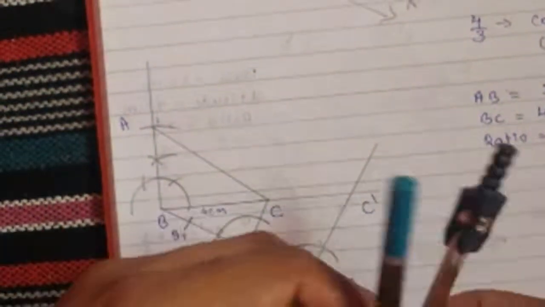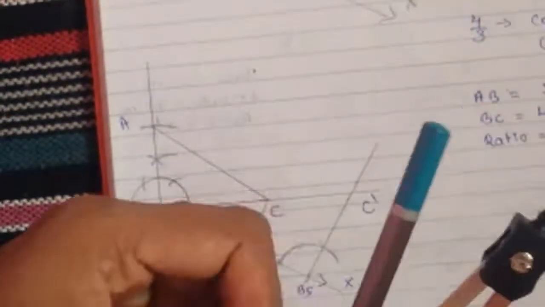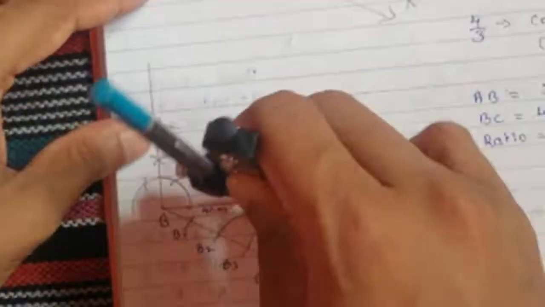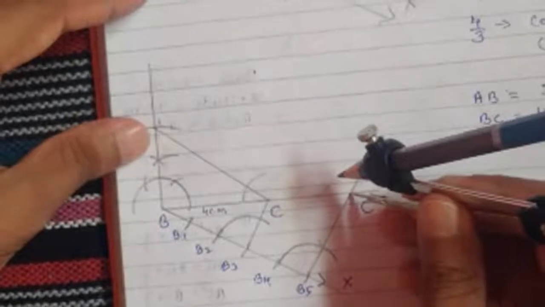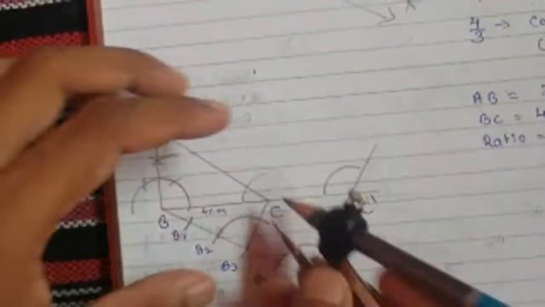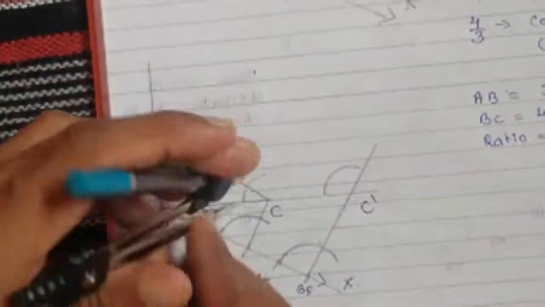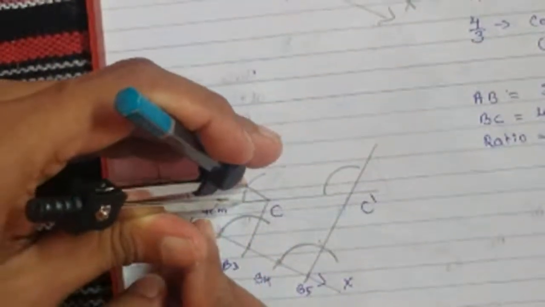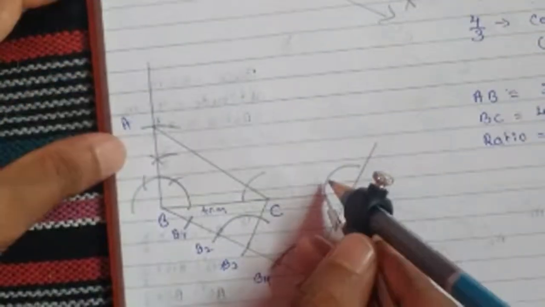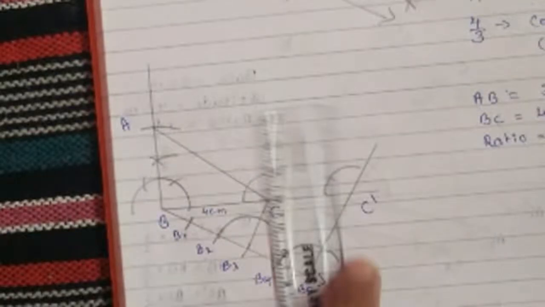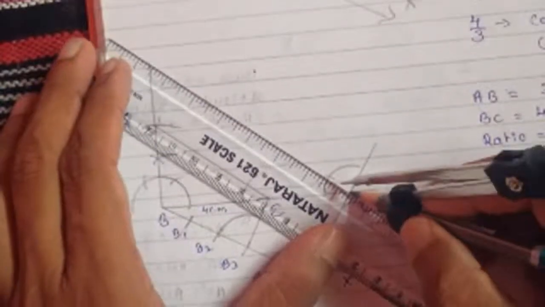Then again we draw an arc from this point, similarly from this point. Then we take this length, cut the same length here, join the point C dash and extend this.